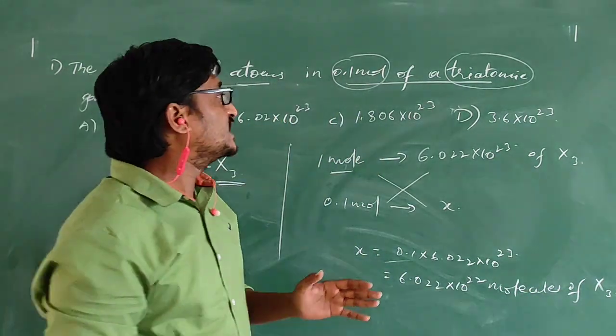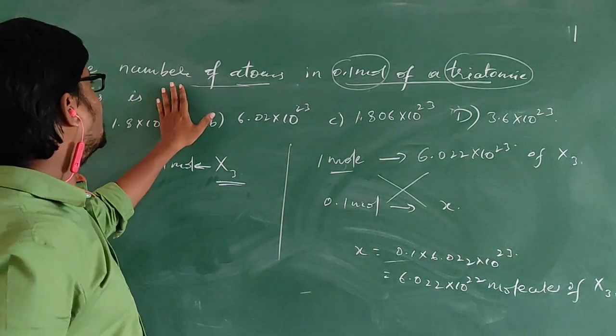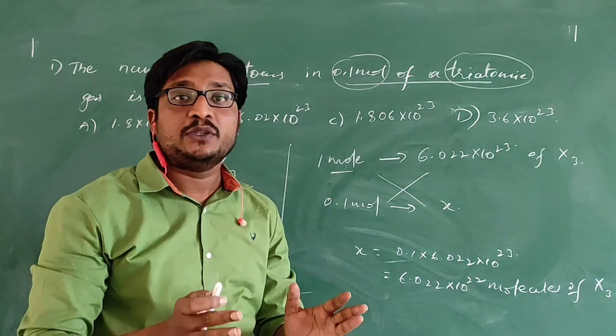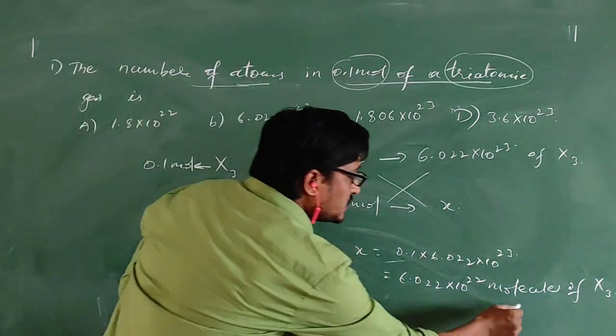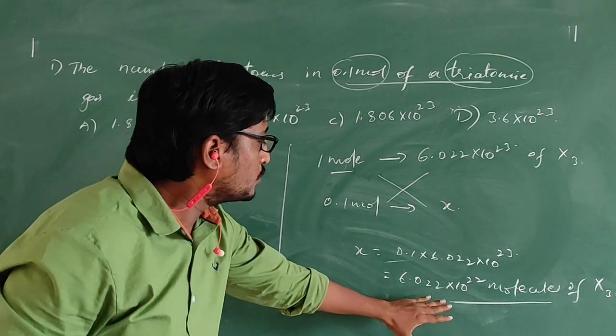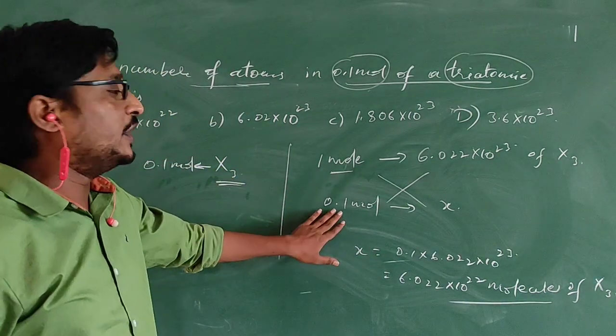Please keep in mind, he is not asking us the number of molecules in 0.1 mole, he is asking us the number of atoms. Don't be in a hurry to answer the question, read the question and then give the answer. So we have first found the number of molecules: 6.022 into 10 to the power 22 molecules of X3 in 0.1 mole.